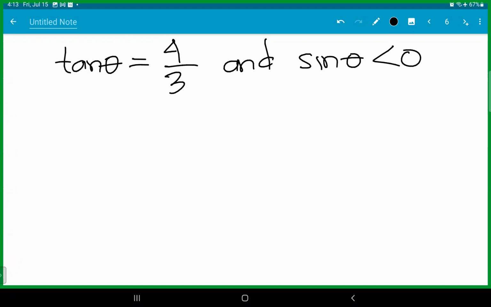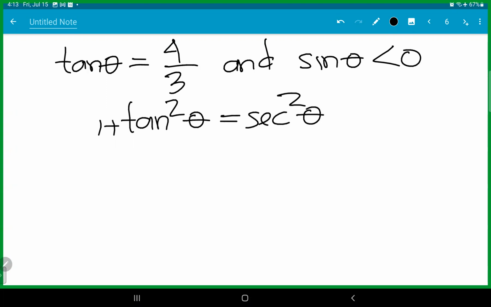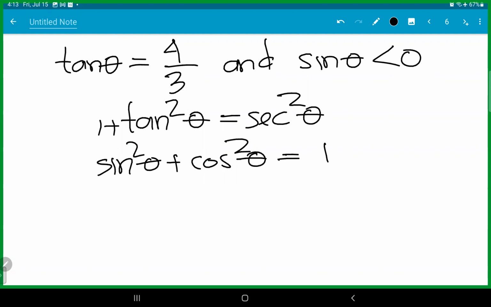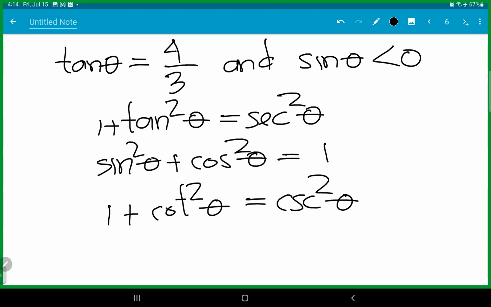You have to show your solution usually using the reciprocal and Pythagorean identities. Ano yung mga Pythagorean identities? 1 plus tangent squared equals secant squared theta. Okay. Then you also have sine squared theta plus cosine squared theta equals 1. Then yung katumbas nitong isa, 1 plus cotangent squared theta equals cosecant squared theta.